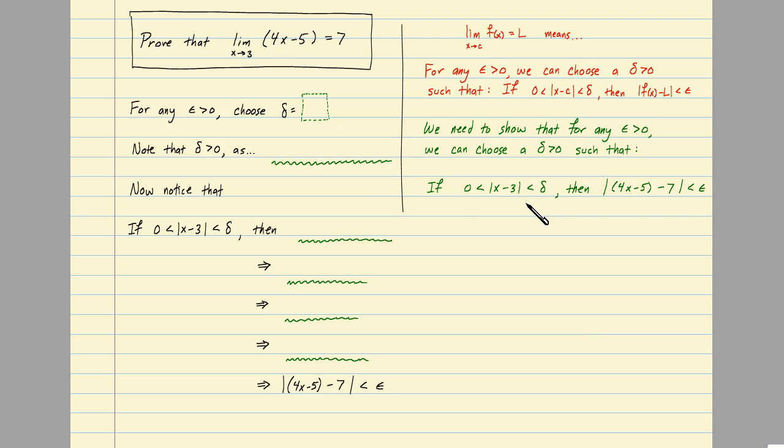Then we need to show this. We need to show if this happens, then this happens. And at least for this particular limit, we can proceed in a really direct manner to establish this. If this, then, well, something.